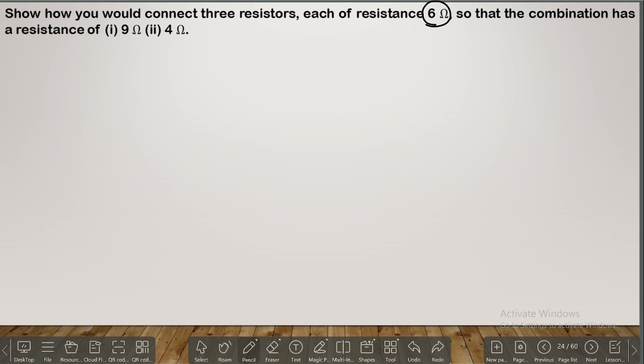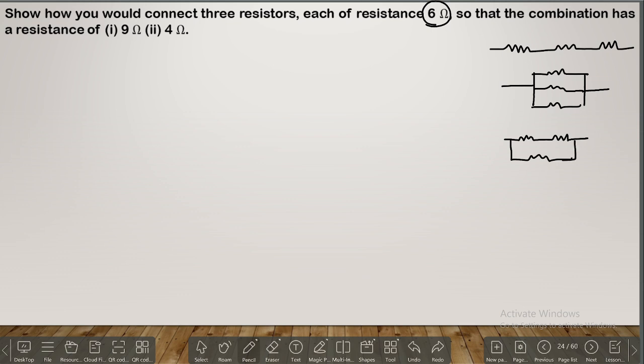Already I said, if you get any question based upon this, either the given circuit should be fully in the form of series, or fully in the form of parallel, or in a combination of series and parallel: 2 series along with 1 parallel, or 2 parallel along with 1 series.